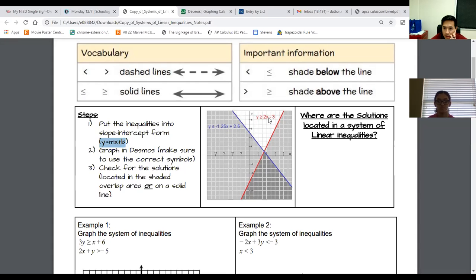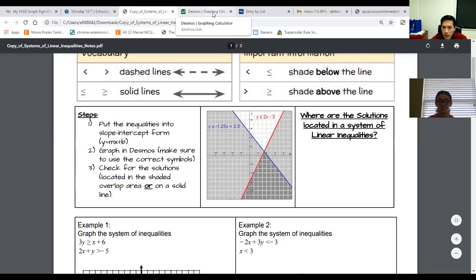For some reason, we're going to graph these two because there's something wrong with the way this graph is shown. Now, the first thing they did was put the inequalities into slope-intercept form. So instead of the equal sign, they have an inequality there because that's what we're studying right now.